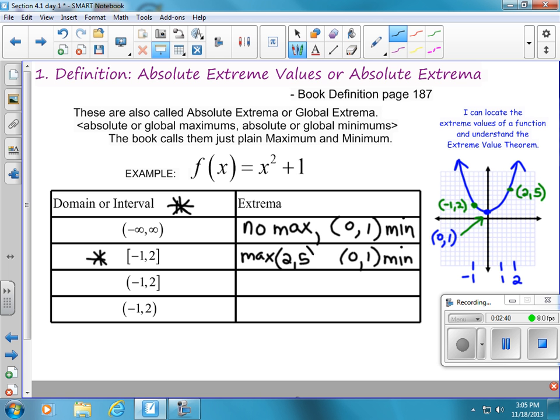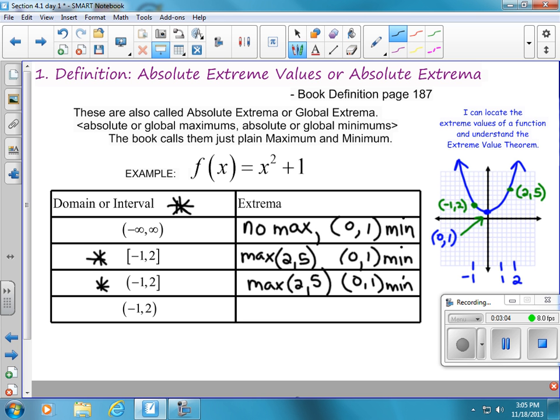So y equals 5 is our maximum value. Now, if we make a new interval from -1 to 2, but we don't include -1, I think we still have the same answer as before because our maximum is still (2, 5) and our absolute minimum is (0, 1).